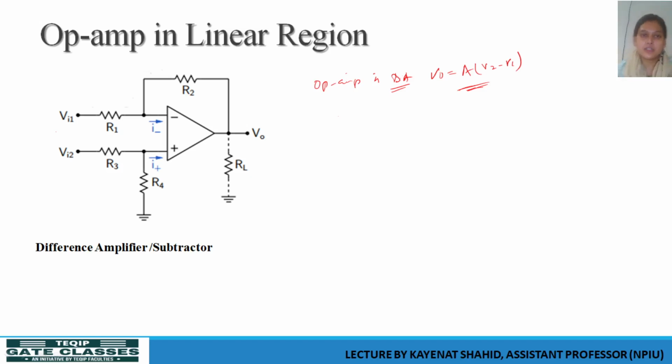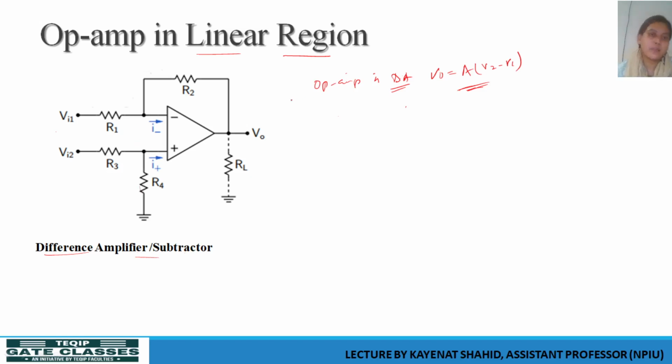If we use the operational amplifier in open loop condition, due to the very high open loop gain, it tends to saturate, and that we don't need, because in saturation it only gives you two values, and our purpose is to work in the linear region. So to have a difference amplifier in the linear region, this is the circuitry that we are going to use.